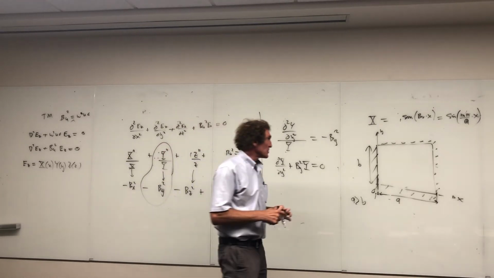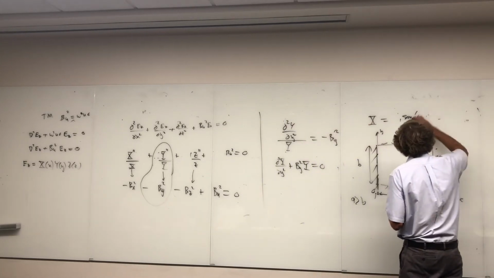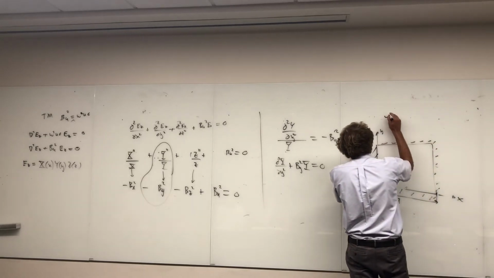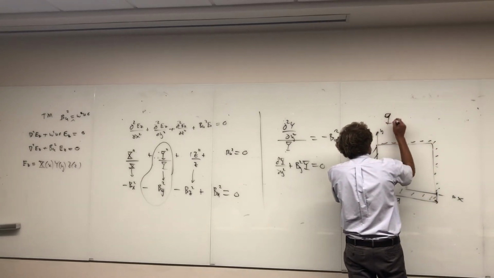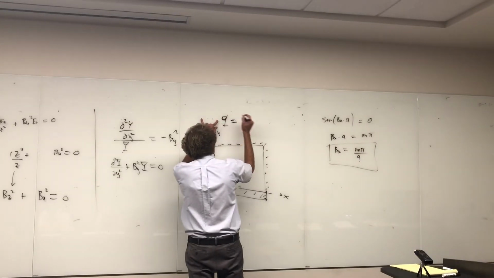Now, if that's true, that means I change this form. Now this becomes capital Y, which is equal to really a constant, but I don't even bother with the constants here.